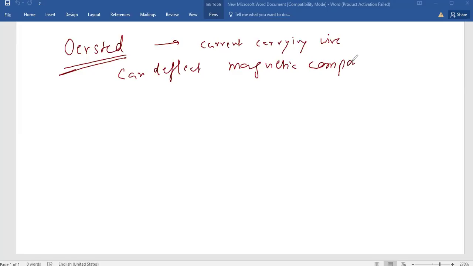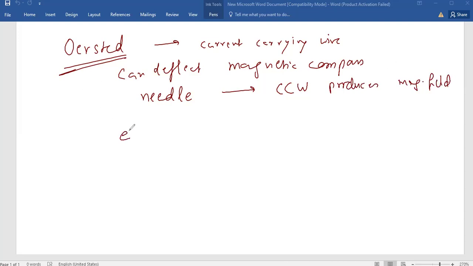And how does it do that? Because this current carrying wire, CCW, produces a magnetic field. Now you see, this creates the relation between electricity and magnetism.